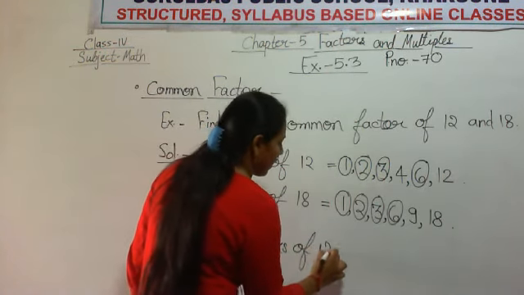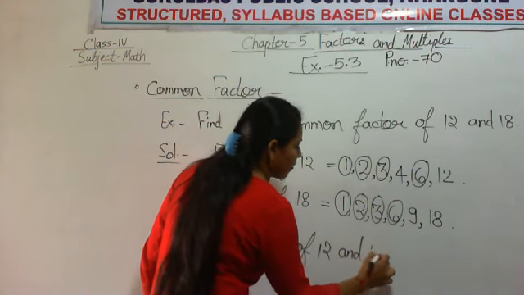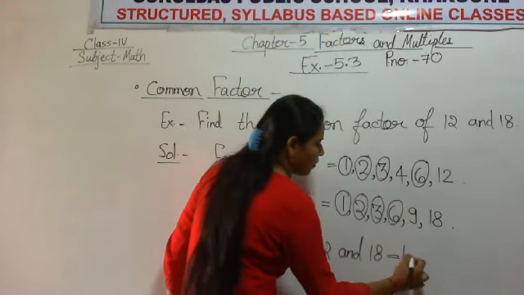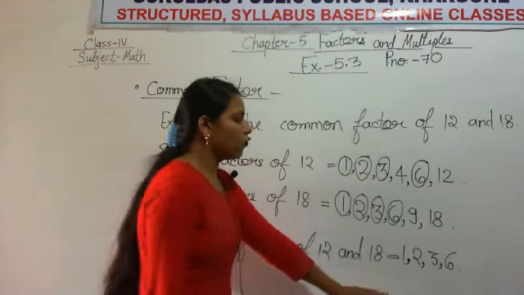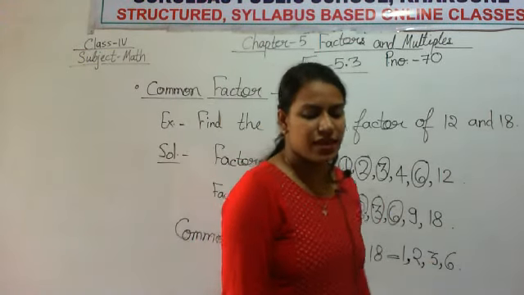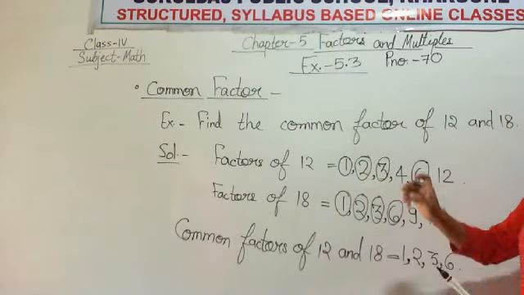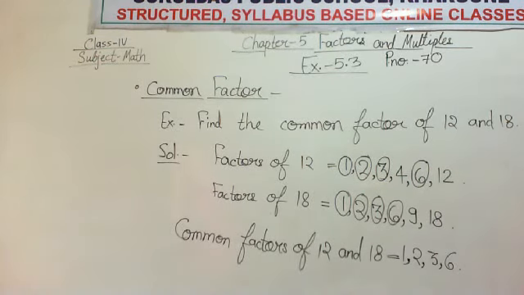So common factors of 12 and 18 are 1, 2, 3 and 6. These are the common factors for number 12 and number 18.